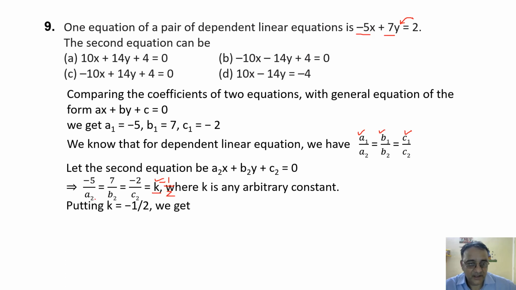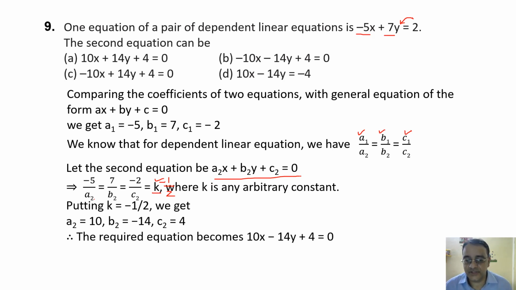See, a2 we are going to get 10, b2 we are going to get minus 14, and c2 we are going to get plus 4, right? That means this equation will become 10x minus 14y plus 4 is equal to 0, और ये ऑप्शन में है. Okay, so this is one way.